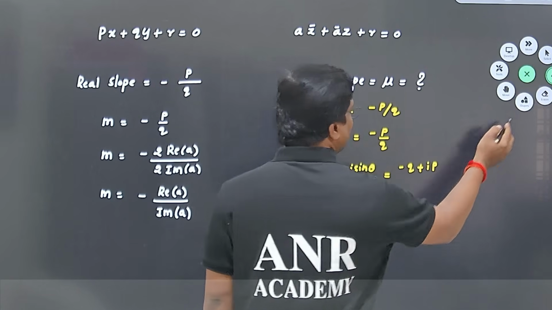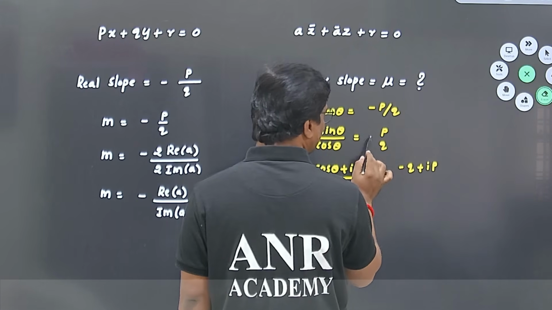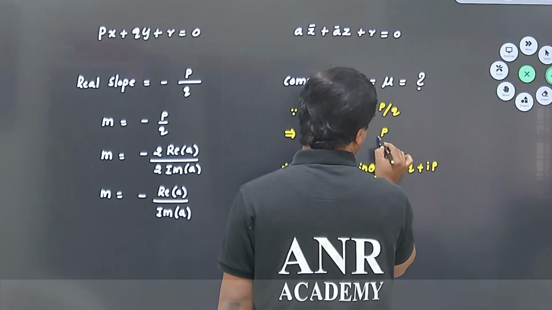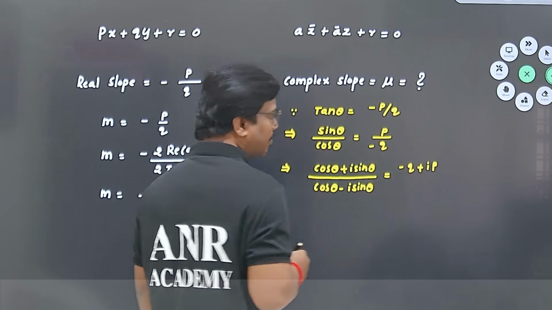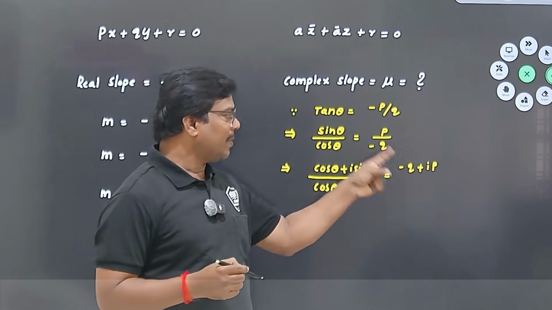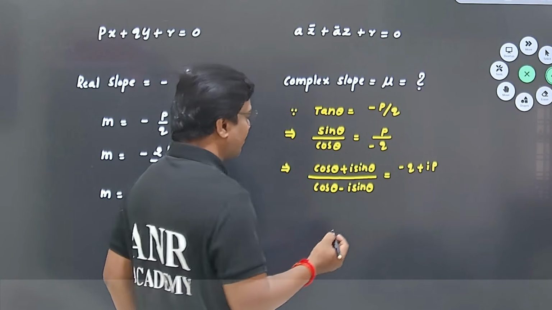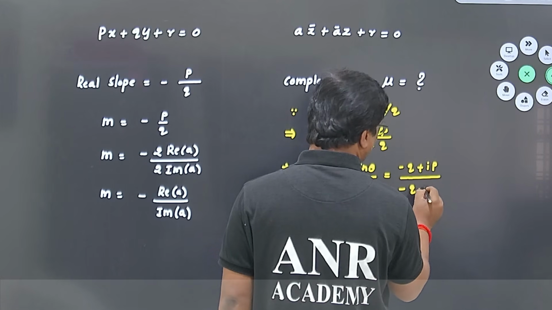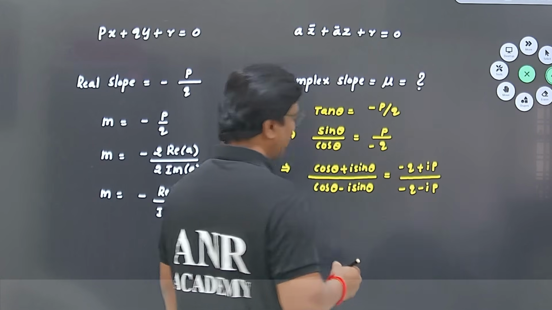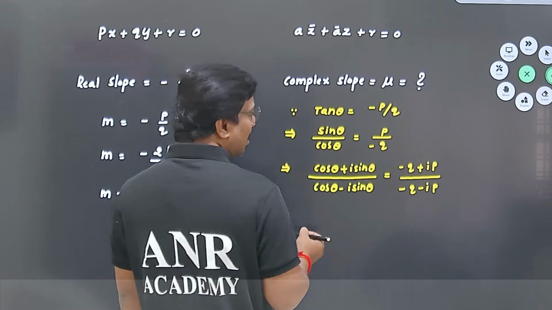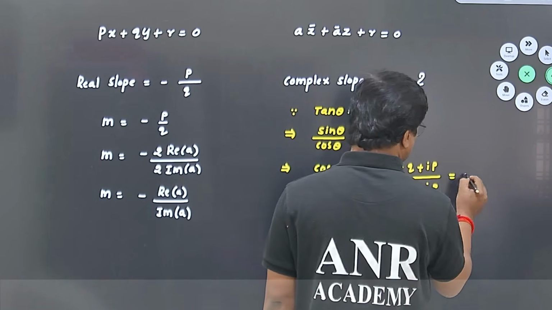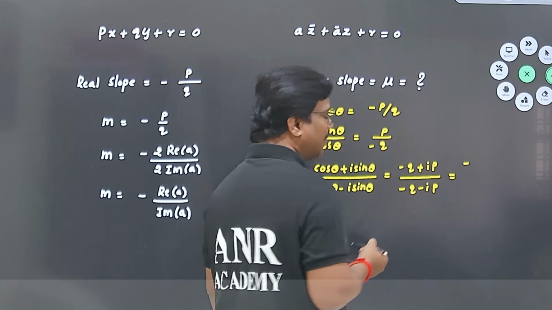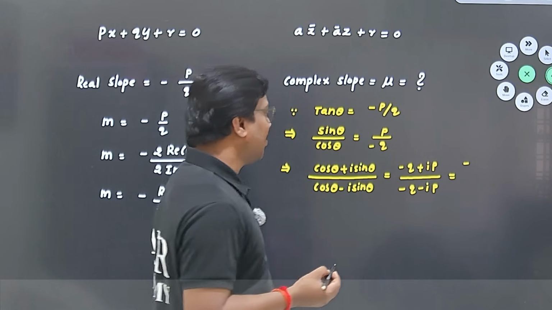Here I am going to use this minus sign for q, not p. Minus q plus i p I can write, next divided by minus q minus i p. Also I can write minus 1, negative unity, as iota whole square.